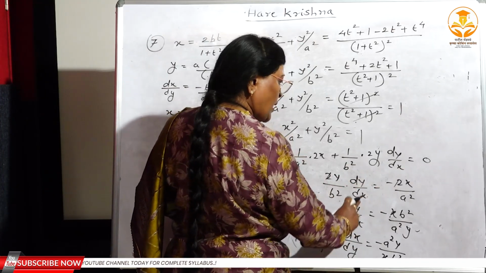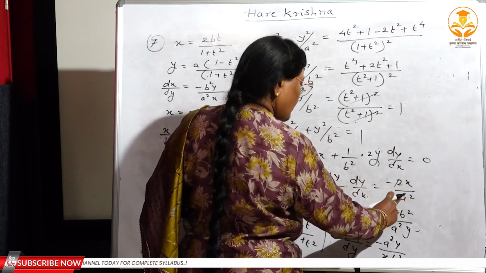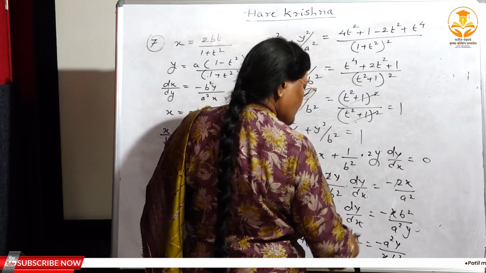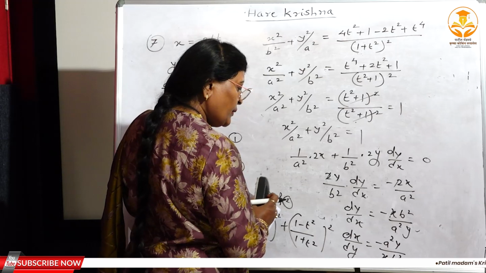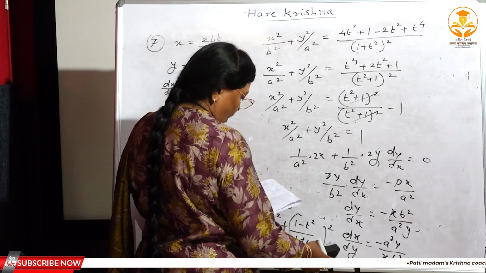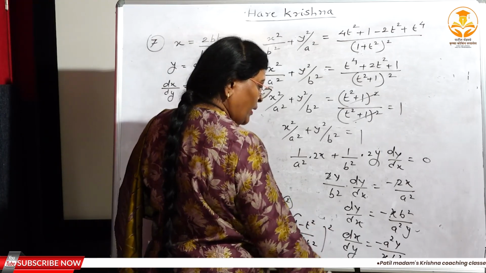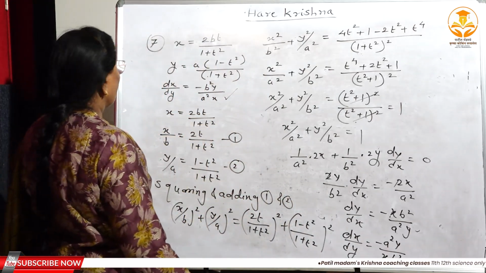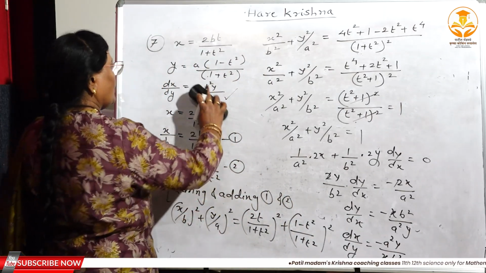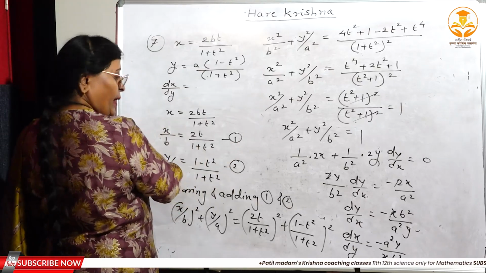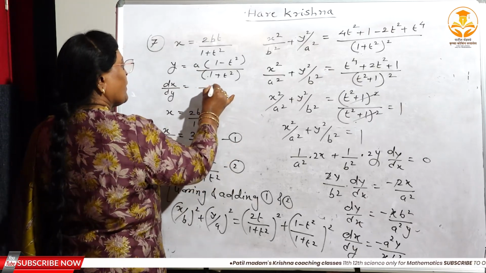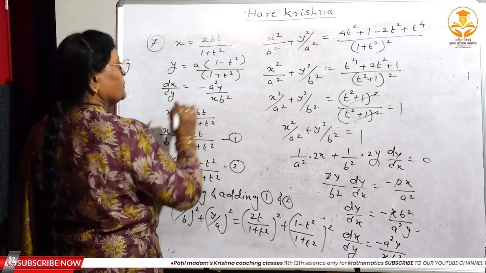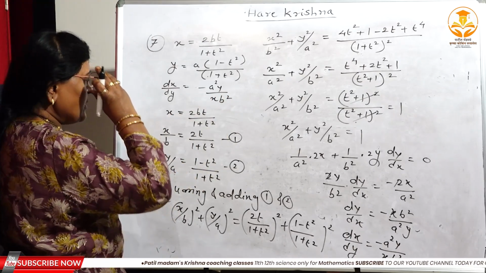The minus transfers, and 2 gets cancelled. Here you have xb², right? And dx/dy, that is −a²y/(xb²). I have given that wrong. That is −a²y/(xb²). This is the result.